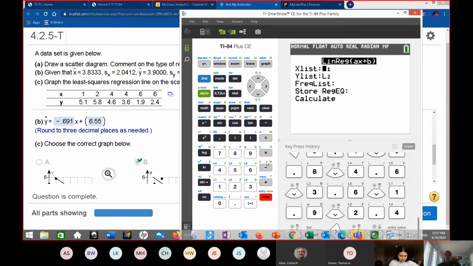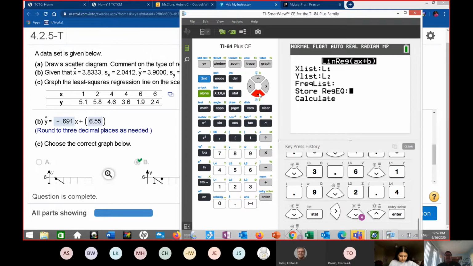And L1 and L2, all you got to do is calculate. It's a miracle. Negative 0.691x plus 6.55. And the r coefficient is negative 0.9153.